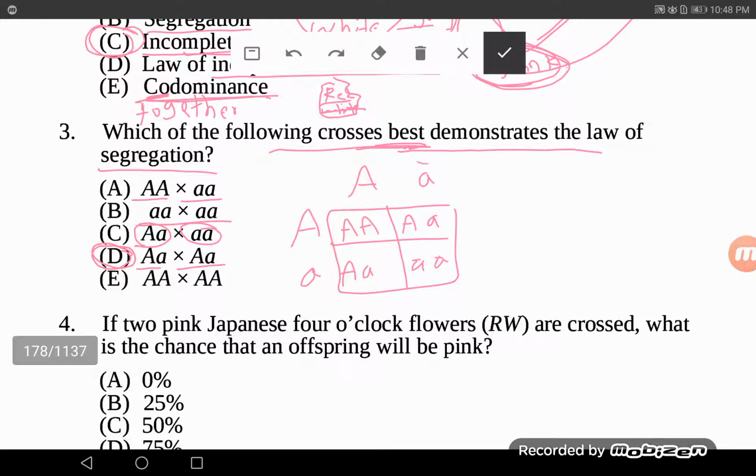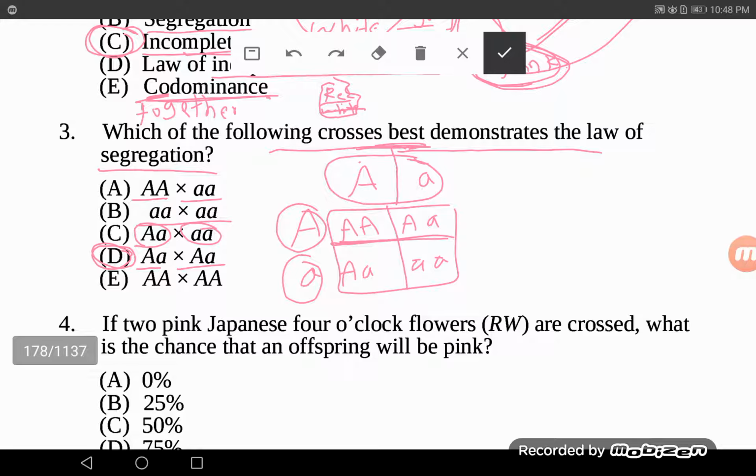For example, these are the alleles for a phenotype. One comes from the father and is separated during gamete formation, and one of them here will also be separated during gamete formation. So they will be randomly separated from each other.